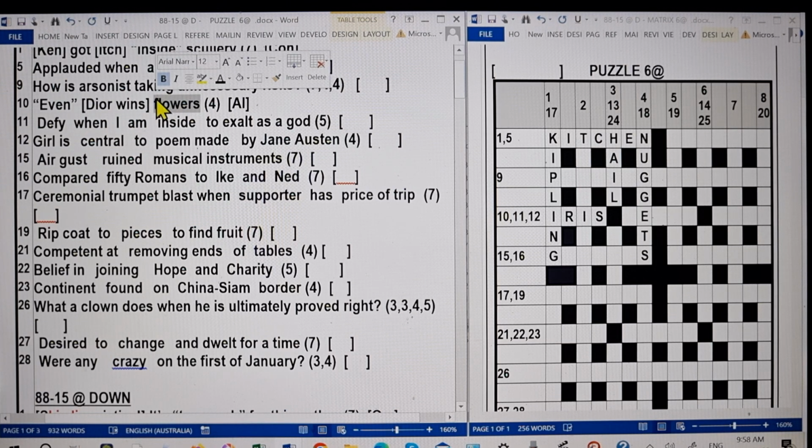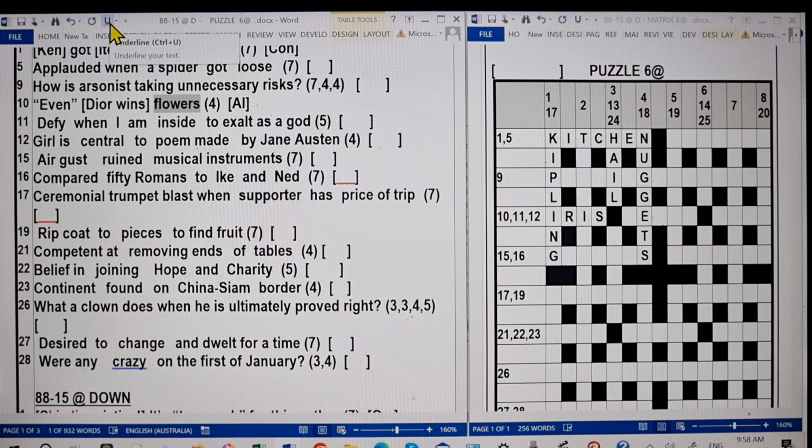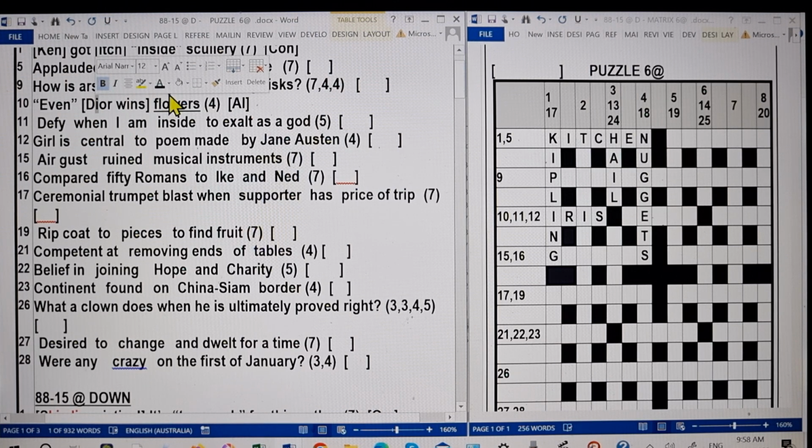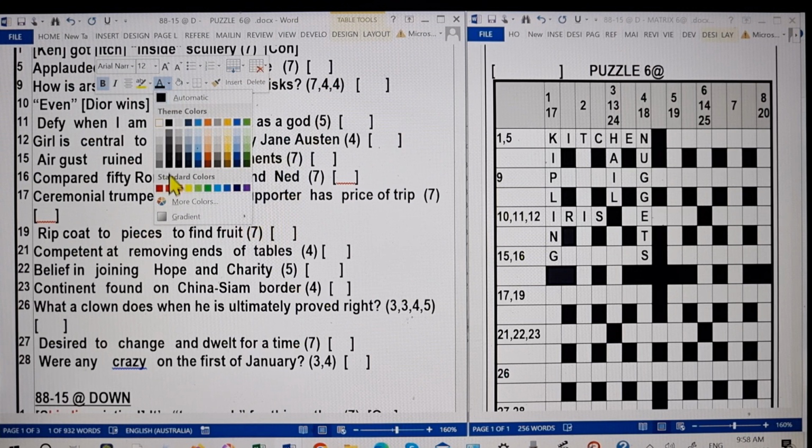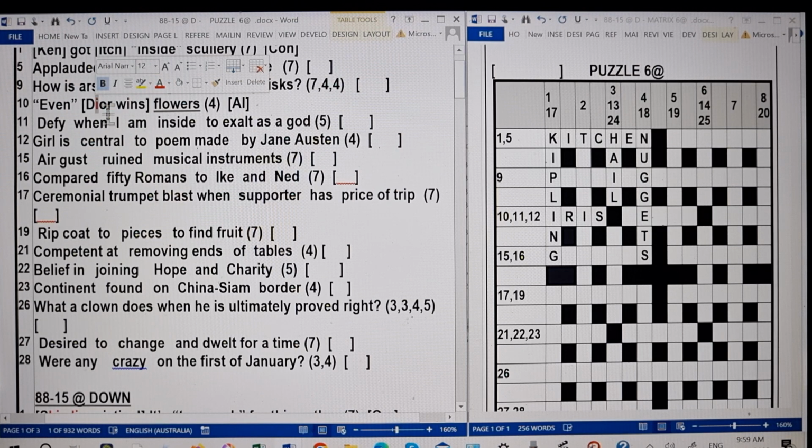Of course, Iris are flowers, and Dior wins alternate. There's your alternate. There's your I. First letter in the alternate answer, I, and there's R and I and S. I won't mark it in red, but it's pretty obvious there. There's your iris, and that's your alternate flag.